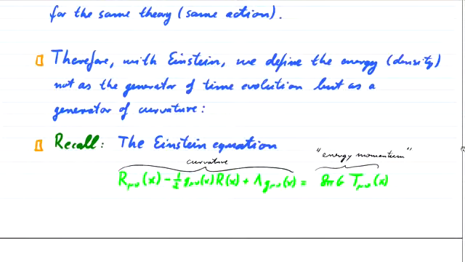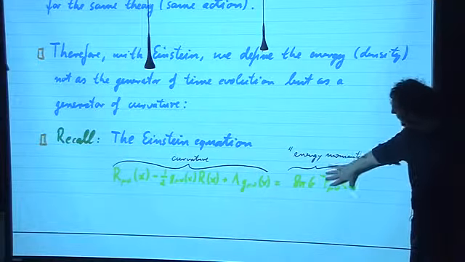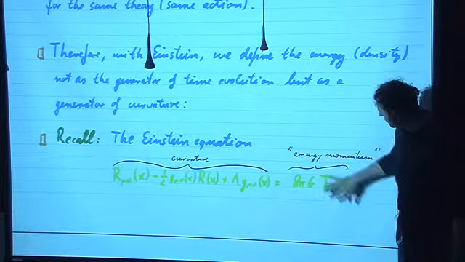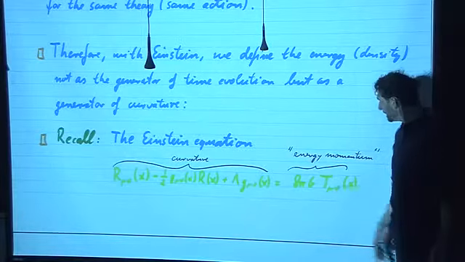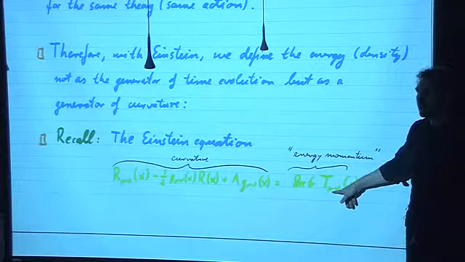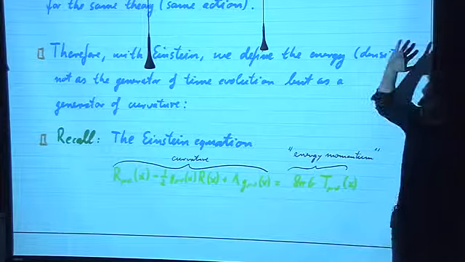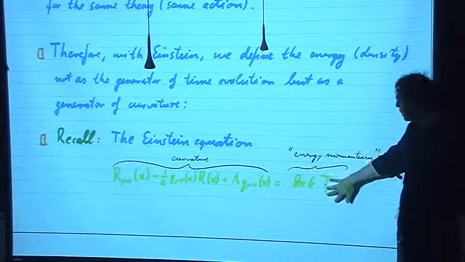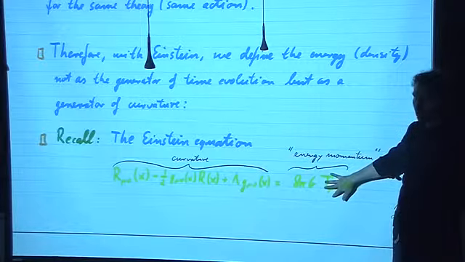Following Einstein, we consider the energy density to be the 0,0 component of the energy momentum tensor, and in particular the energy is then the integral over all of space of the energy density. That's the total energy, and that is what you might then want to call the Hamiltonian.